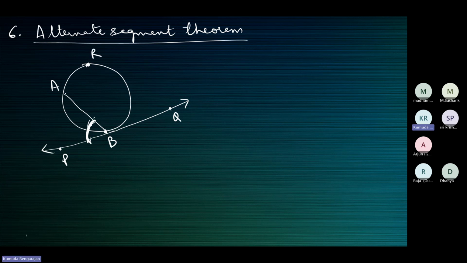Join the endpoints of the chord to that point R. Now this is the angle subtended by the chord AB at the point R in the alternate segment. This angle is equal to this angle.